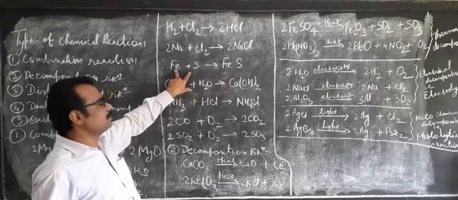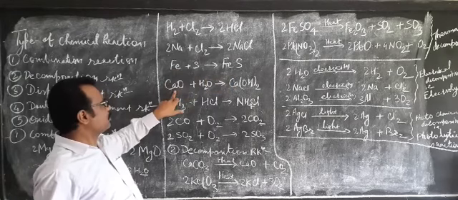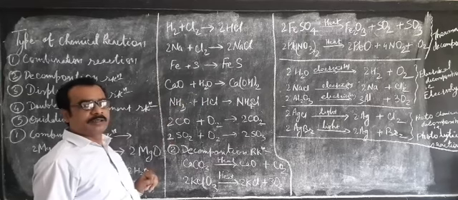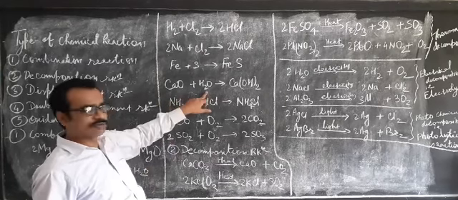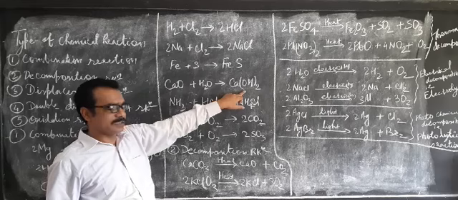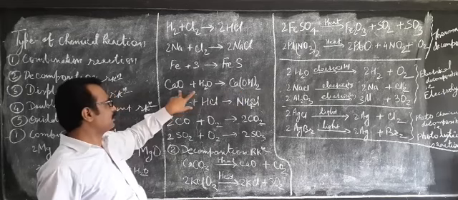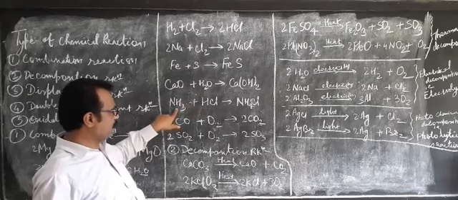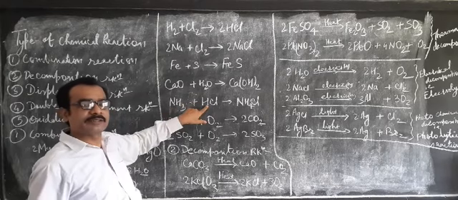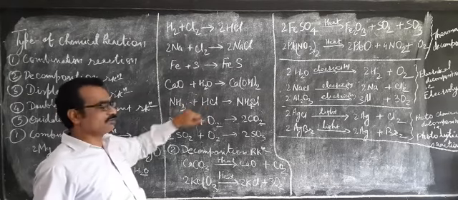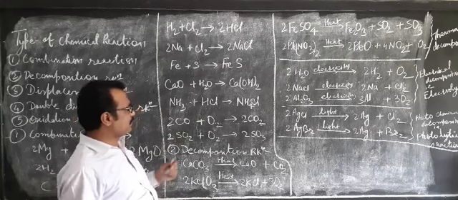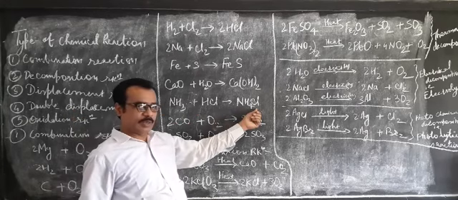But how many reactants? Two. Calcium oxide reacts with water and gives you calcium hydroxide. Only one product. How many reactants? Two reactants. Here ammonia gas reacts with hydrochloric acid and gives you ammonium chloride, only one product.